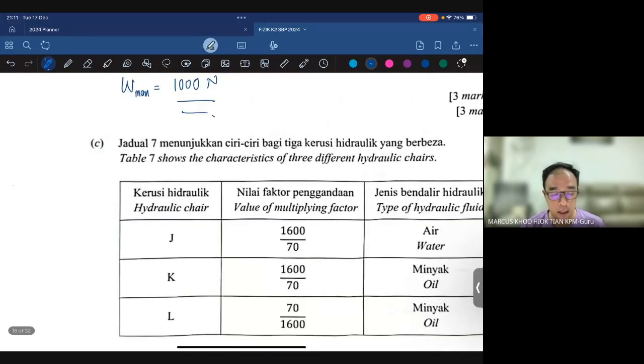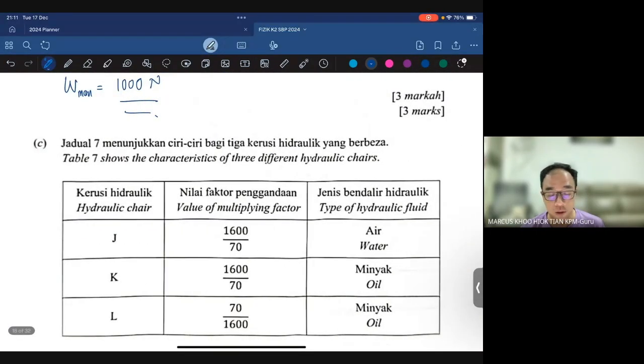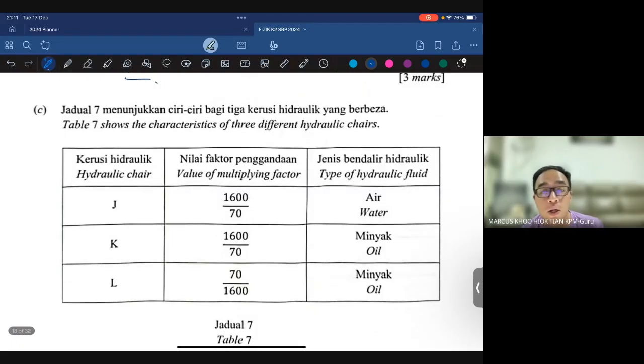Okay, Table 7 shows the characteristics of 3 different hydraulic chairs. So you have all these values of the multiplying factor. Multiplying factor means, if the number is bigger, the force will multiply. If it's a small number, the force won't multiply, it will reduce.